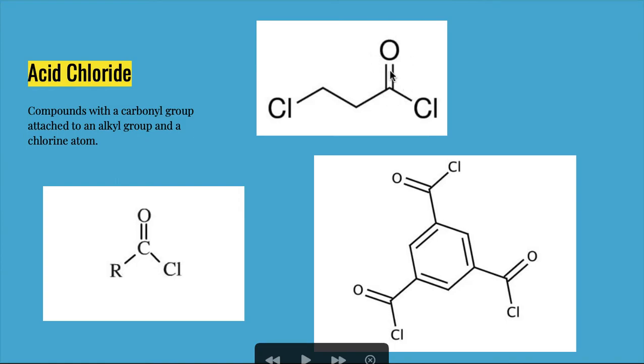There's a carbonyl group attached to chlorine, so this is the acid chloride group, and then you can see there's a carbon attached to a halogen. Do you guys remember what functional group that is? It's an alkyl halide functional group. And here's another one that looks pretty because it's really symmetrical. Here's a compound with three acid chloride functional groups.